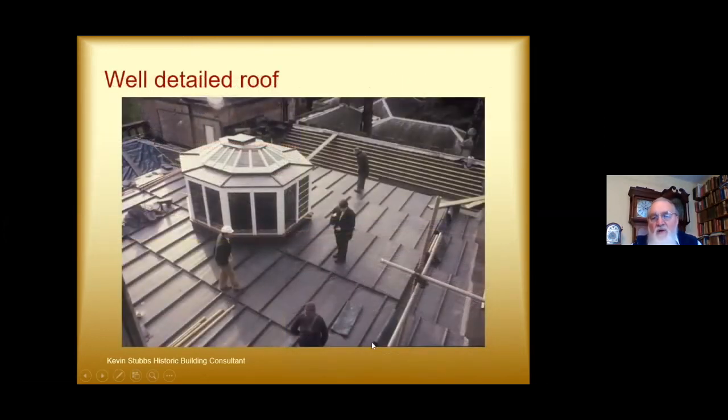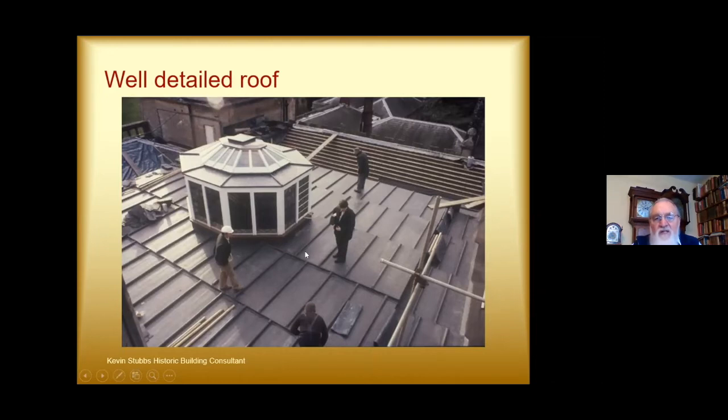So here we've got a very well detailed roof. The architect here was very careful with the detailing, good mopstick and expansion rolls, not over long lead. The whole roof's been redetailed. It does at times have implications on things like the lantern here and the flashings.